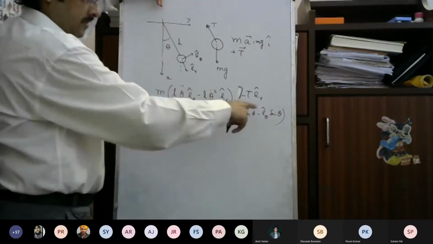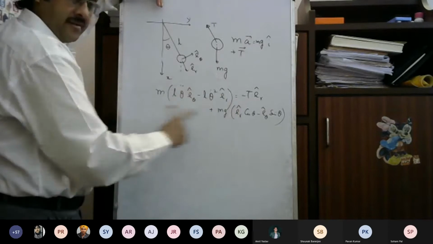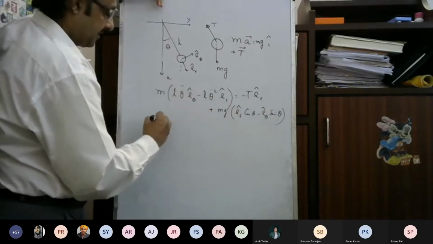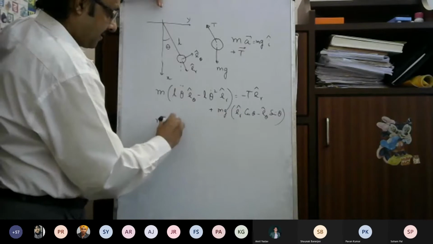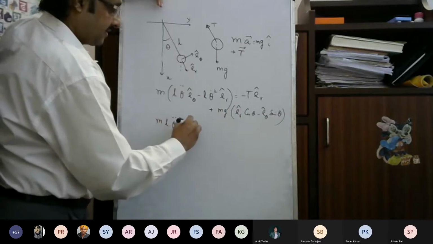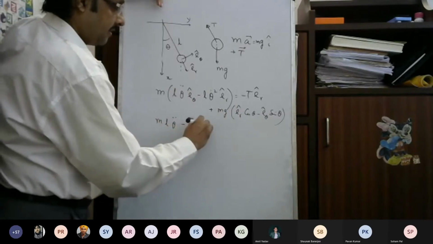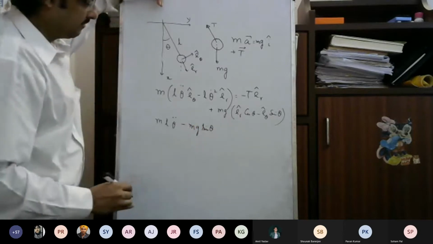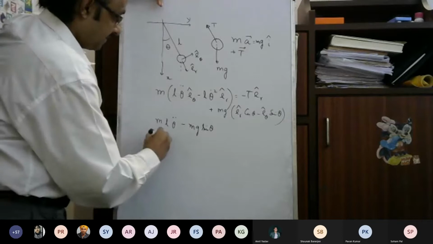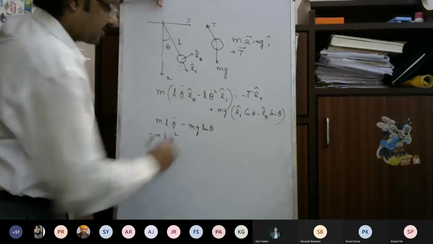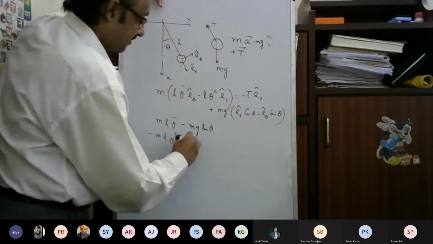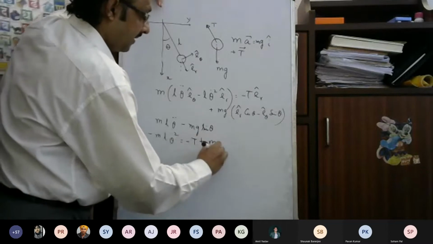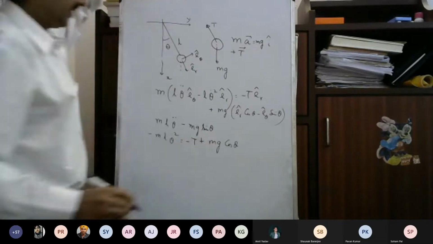So if you equate vector-wise, then you get two equations: m L theta double dot equals minus mg sine theta, this is one expression you get, and minus m L theta dot square equals minus T plus mg cosine theta.